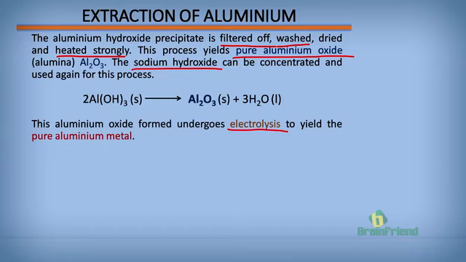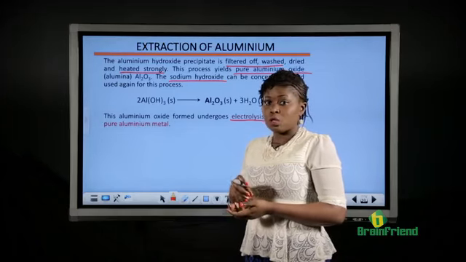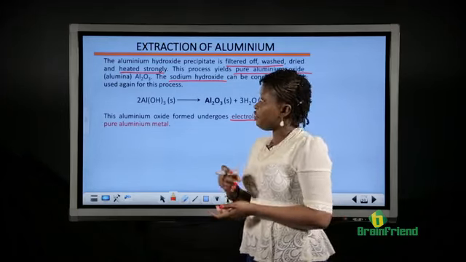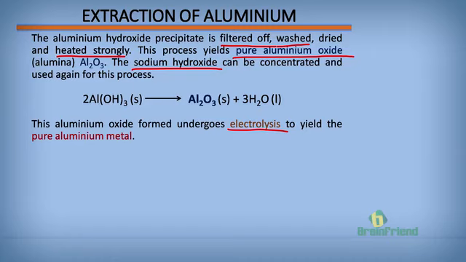So this is the first stage on the extraction of aluminium. We got the bauxite, we concentrated it, and we treated it with a chemical, and sodium aluminate was formed. That sodium aluminate was allowed to cool, and crystals of aluminium hydroxide were added for a precipitate of aluminium hydroxide to be formed again.